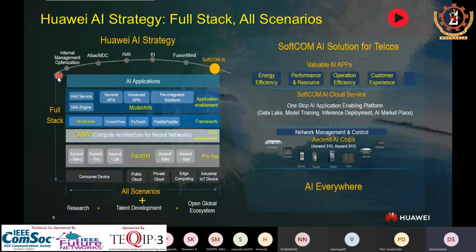And the strategy is really comprehensive. And what I'm showing you now is the SoftCOM AI, because the target of this presentation was not to cover in general how AI can be used, which can be really interesting to look at, the different types of application, especially on different use cases. But I would like to show you how AI can be used to make the mobile communication system self-driving. So that's the target.